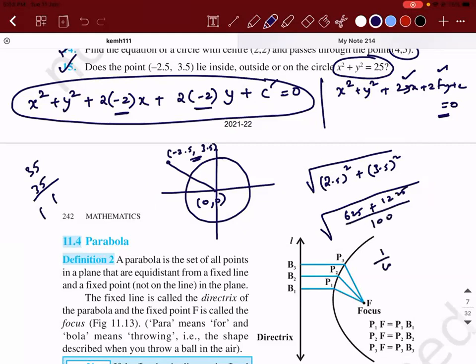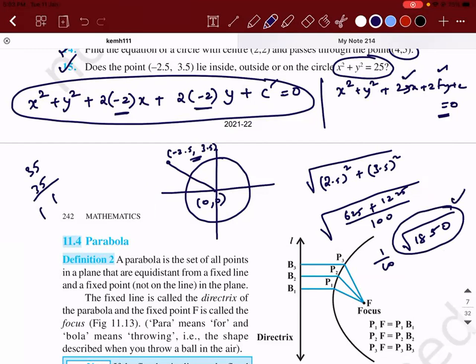So 1 by 10 into square root of 625 plus 1225, which is 1850. So root of 1850 divided by 10.